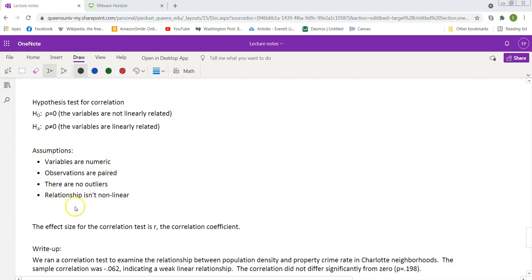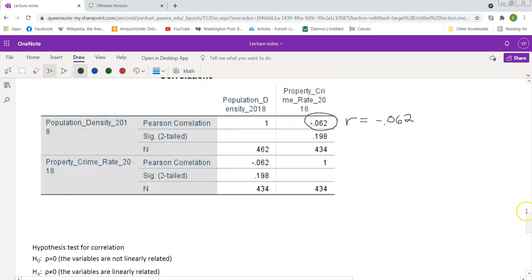The assumptions for the correlation test, there are 4 of them, and we don't have to really talk about the first 2, especially in your write-up, because we're not going to run a correlation unless we've got variables that are numeric, where the observations are paired. When we say the observations are paired, let's look back up at our scatter plot.